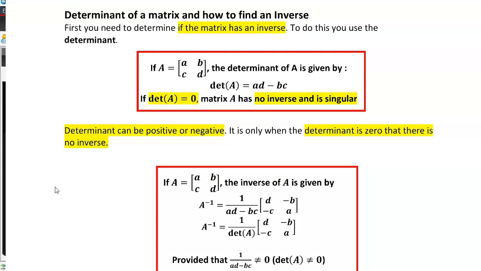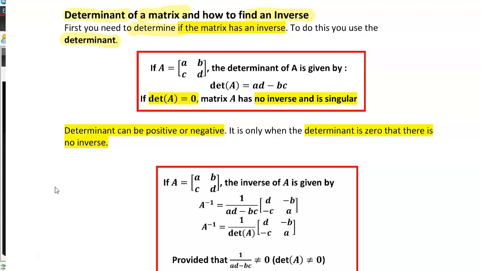Now, as I was saying, only square matrices have an inverse. However, not all square matrices have that inverse. So first off, we need to do something called the determinant. We need to find the determinant, so we need to determine whether that matrix has an inverse.